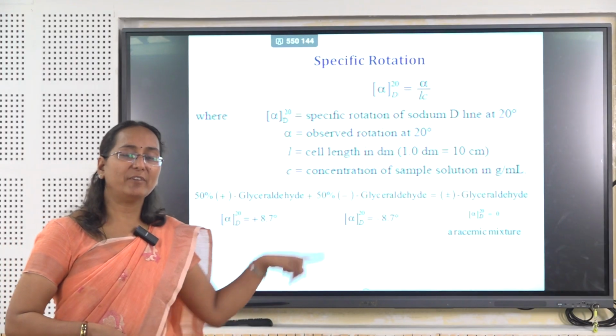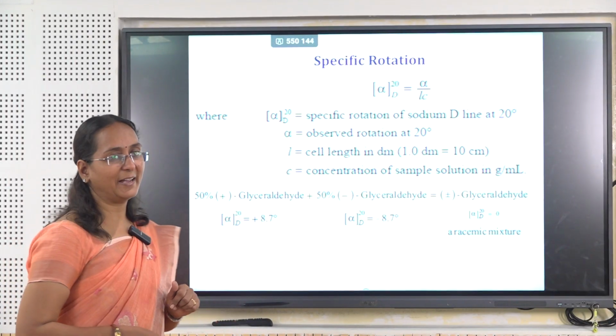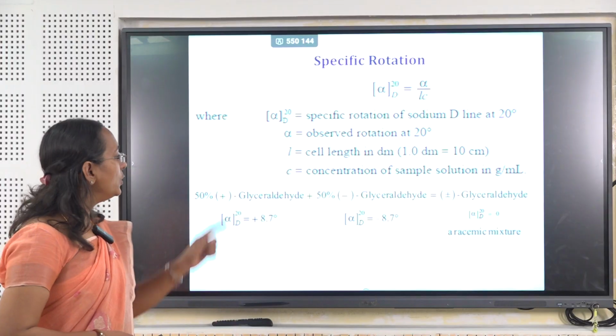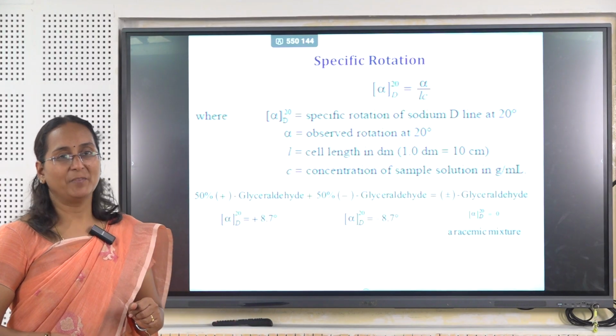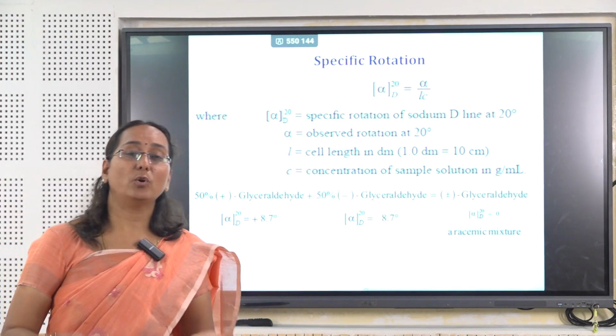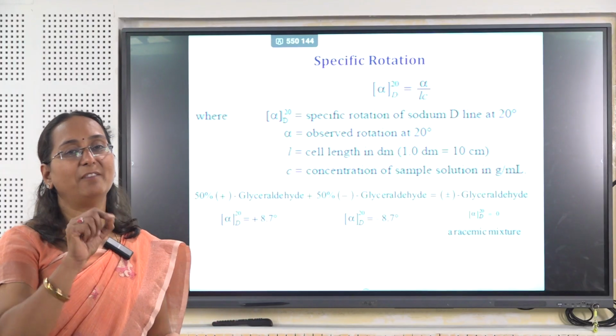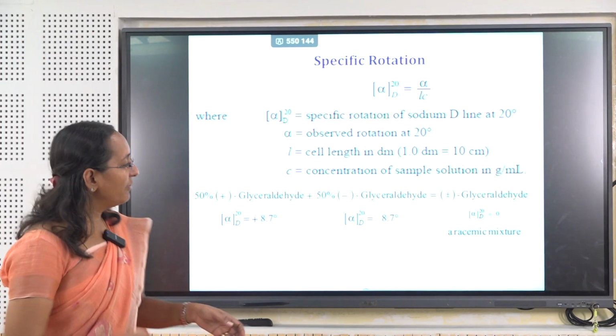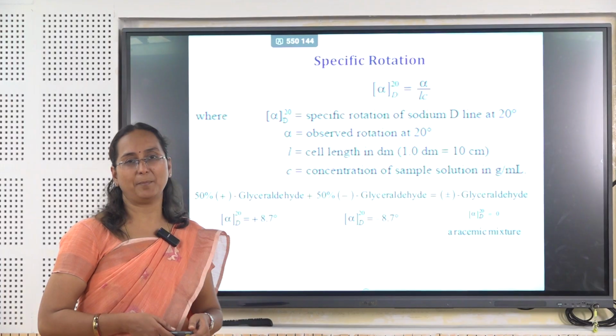At the same time, the specific rotation of minus glyceraldehyde is minus 8.7. That's why the total specific rotation of the plus-minus glyceraldehyde form will be 0, that is, in the racemic mixture.